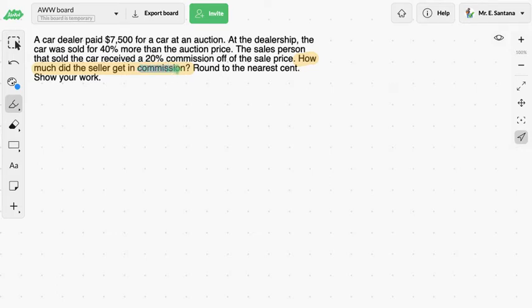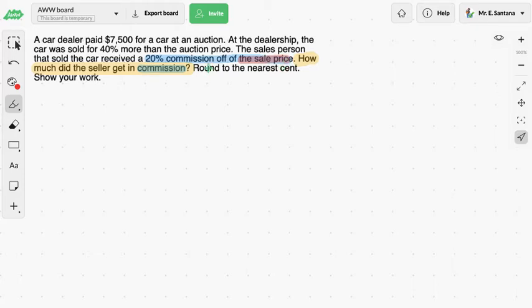Here's the connection. Once I see this within my question, I start looking for what that means, and it's connected to this. Notice it does say off of the sale price. That is very important, because now I have something to connect to.